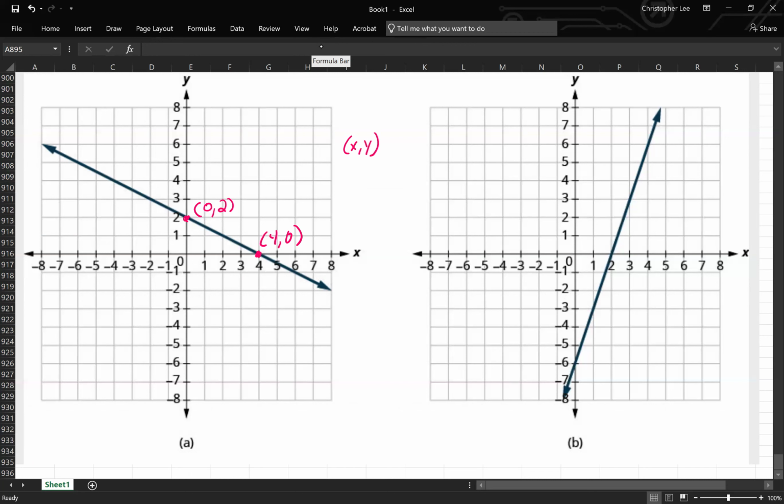X-intercept is what? Good. What is the y-intercept? Zero. Very good. And that's it. That's all done.